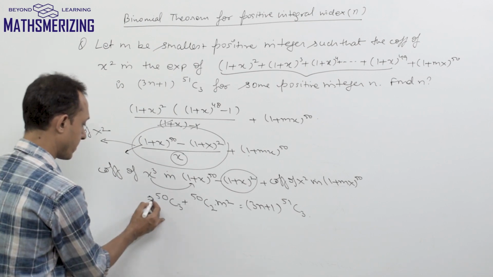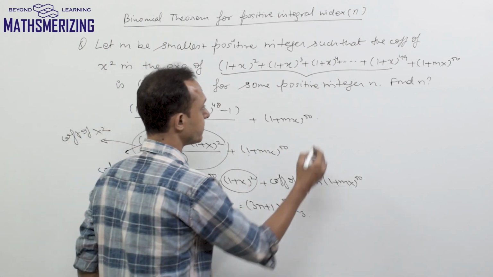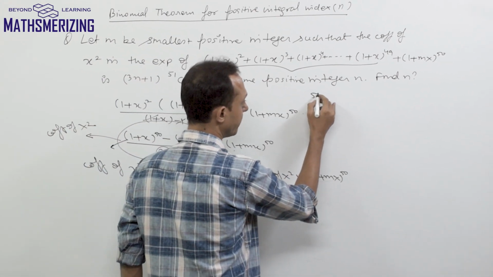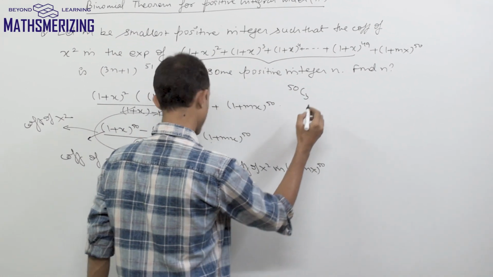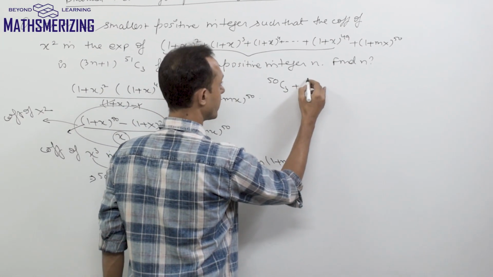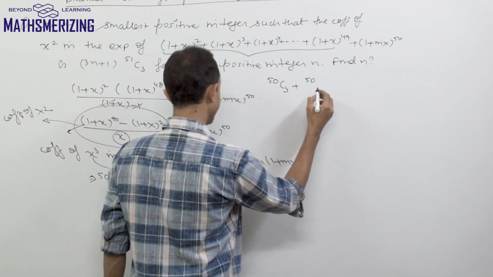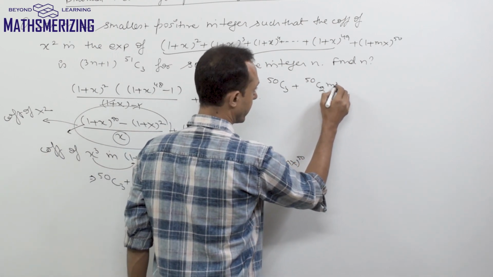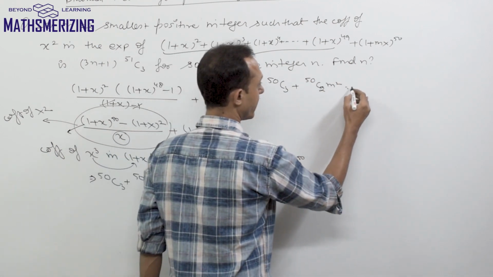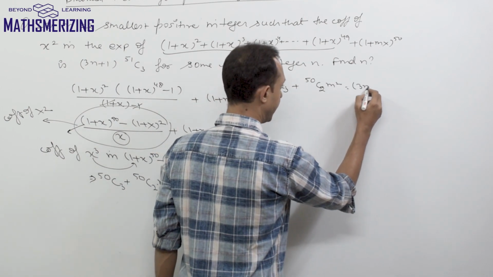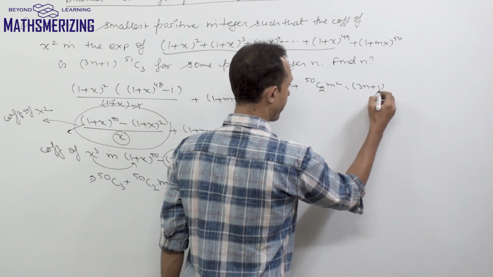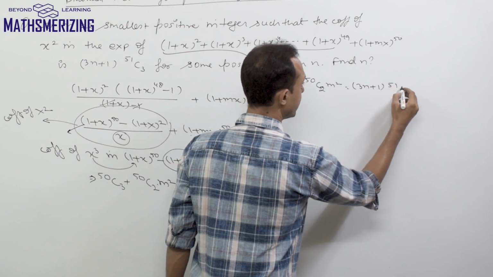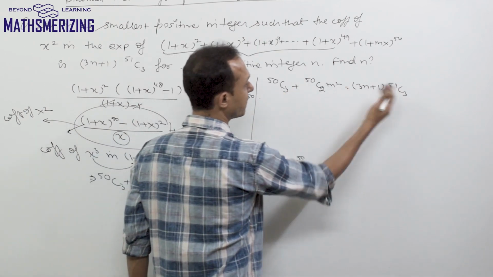So I can simply write it as 50C3 plus 50C2 m^2 equals (3n plus 1) into 51C3.